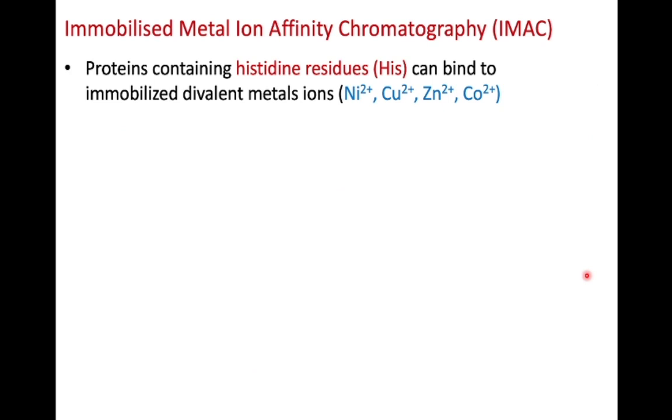We can also use something called immobilized metal ion affinity chromatography, known as IMAC. Proteins containing histidine residues bind to immobilized divalent metal ions, such as nickel, copper, zinc, or cobalt.